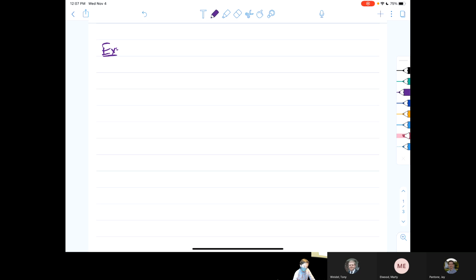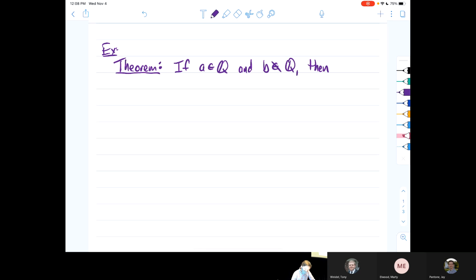So we're going to start by proving the following theorem. If A is a rational number, remember the symbol Q means rational numbers, or all fractions of whole numbers. If A is a rational number and B is not a rational number, then A plus B is not a rational number.